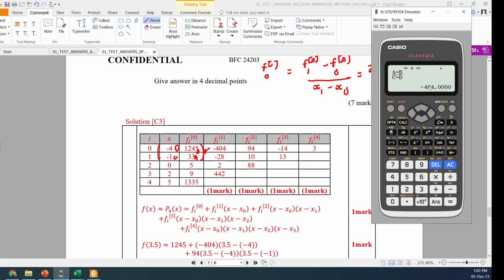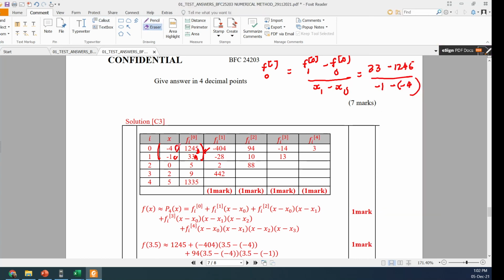So -404. And then to get the second row, for the next Newton divided difference, your a, b, c, d, you just move down. Just move it down.